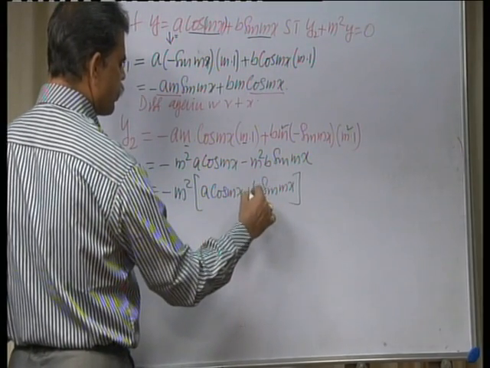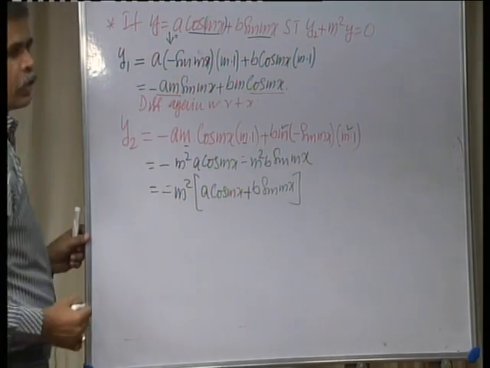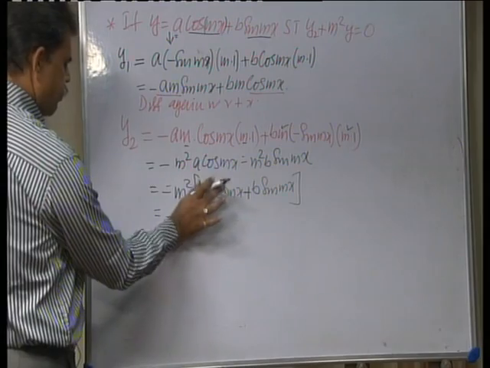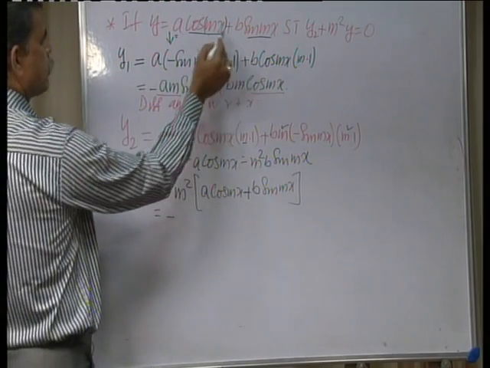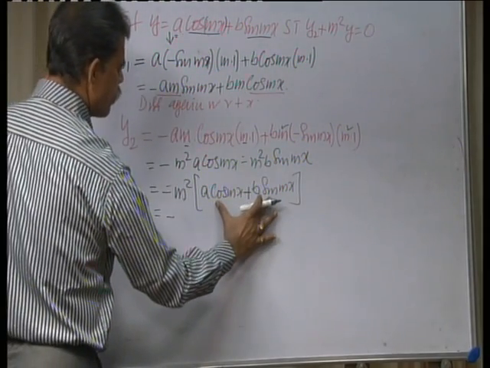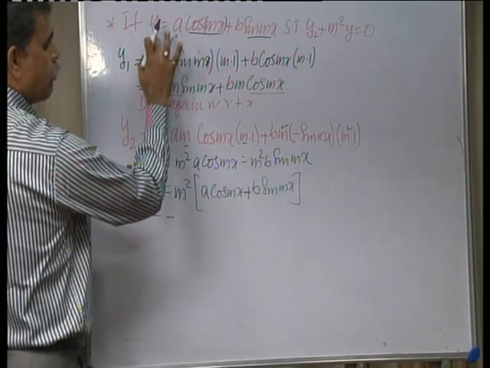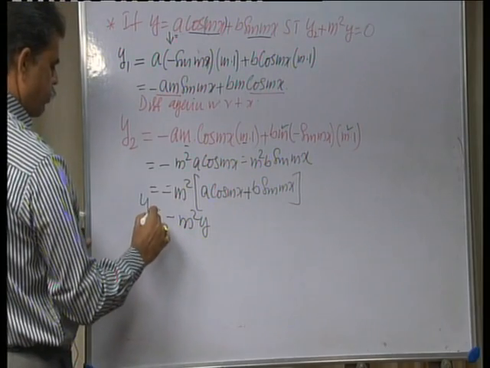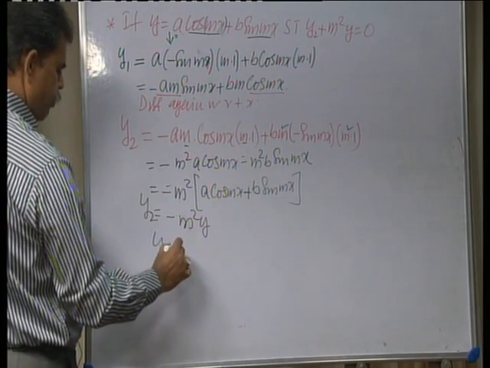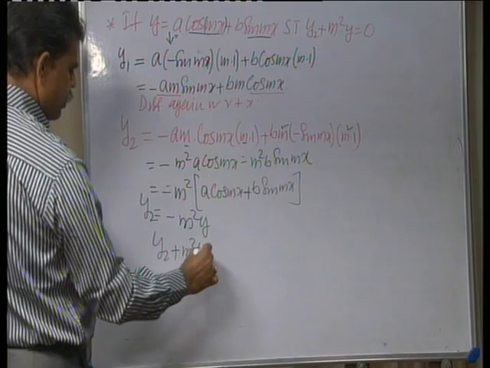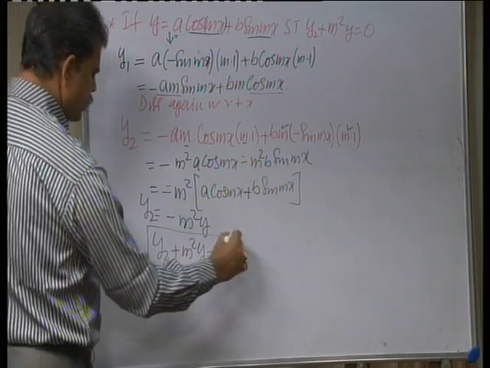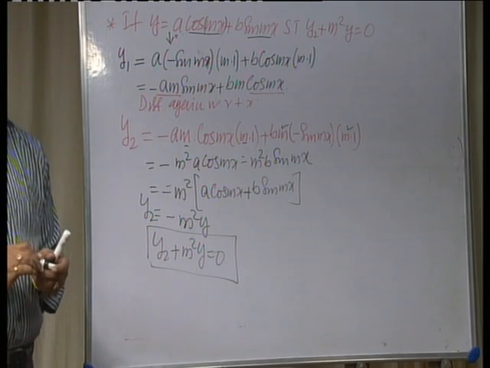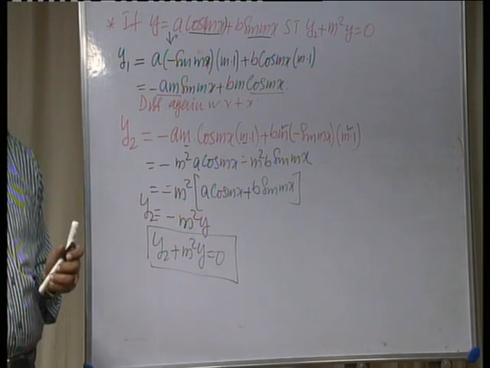This will become what? Plus, because I have taken minus here. You take the given function y is equal to a cos mx plus b sin mx. That means, here the bracket is taken as y, minus m square y, y2 plus m square y is equal to 0. This is known as the successive differentiation, or we have to prove the equation.